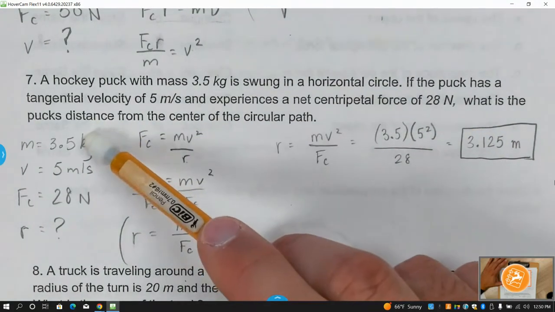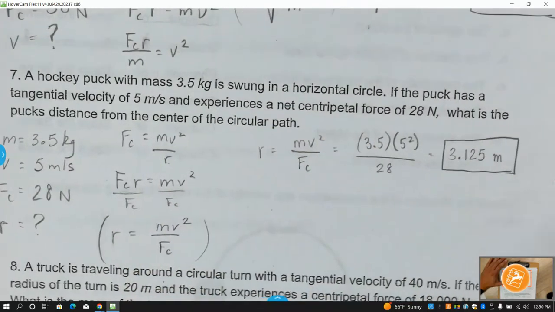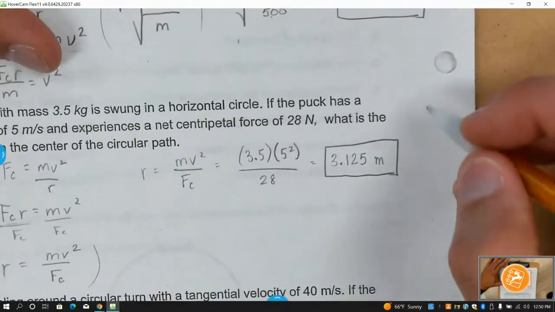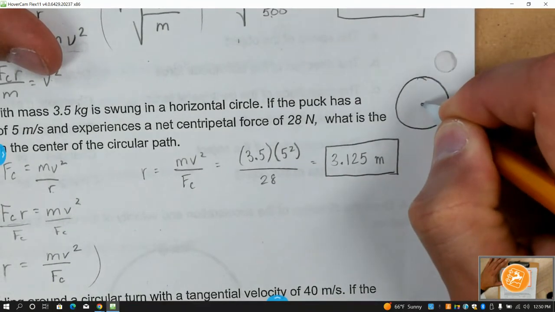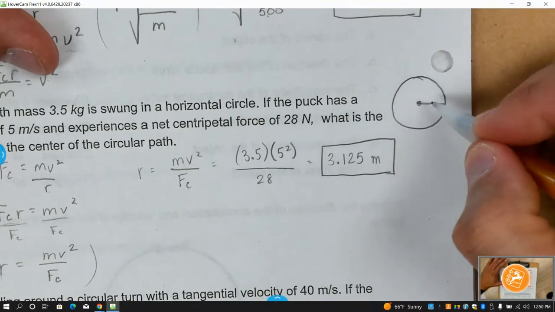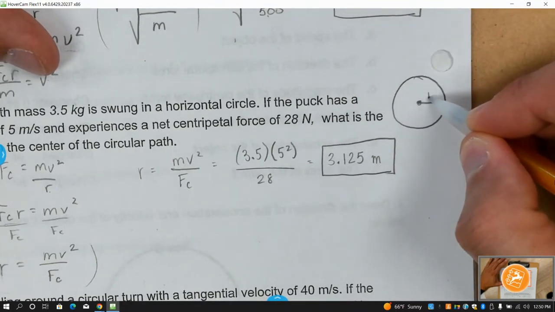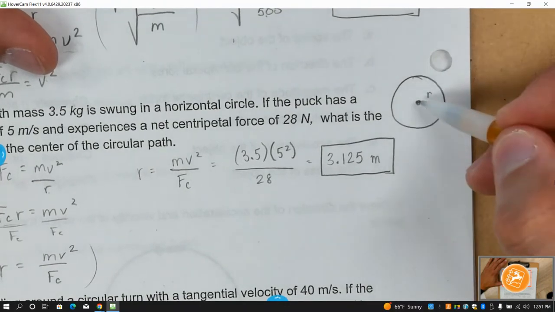So in this one, we're given mass, velocity, centripetal force. They want to know the distance from the center of a circular path, guys. So when they're asking distance from the center of a circle, it's that. They want the radius.